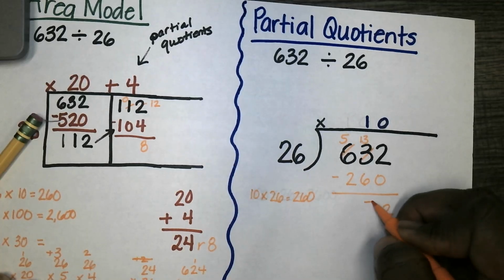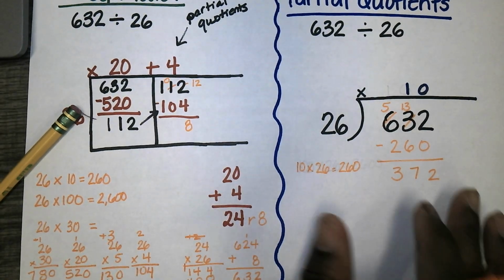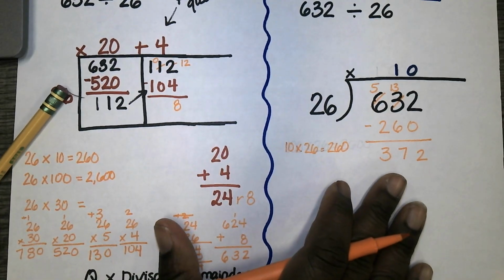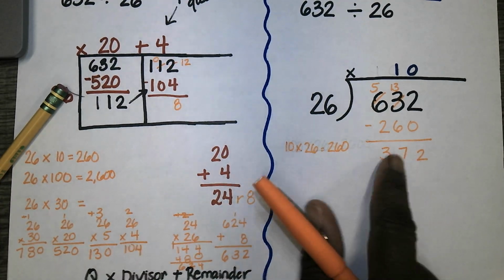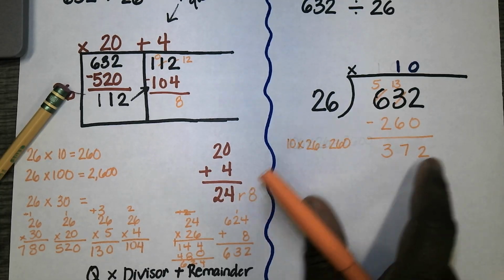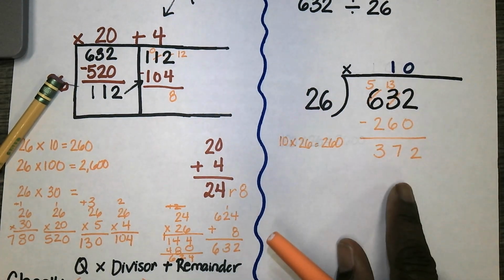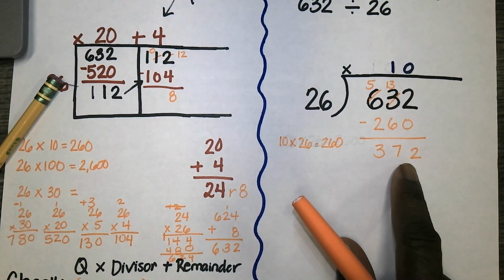Now we have 372 left. We can go with any numbers, but again, as long as it's not larger than the dividend you have remaining, and that works, it's going to get stacked there. So 26 times what number will get me something close to 372?